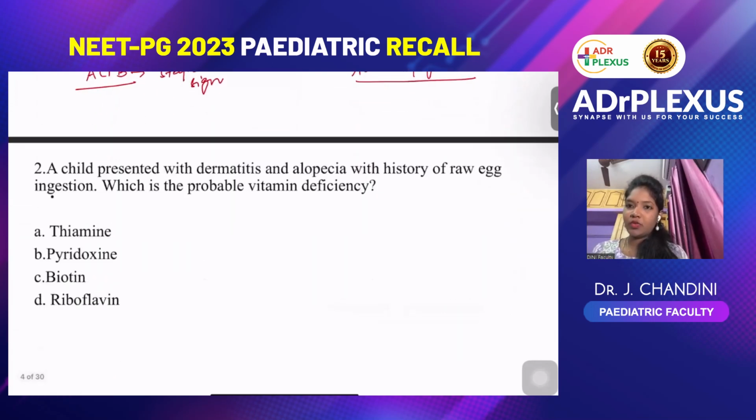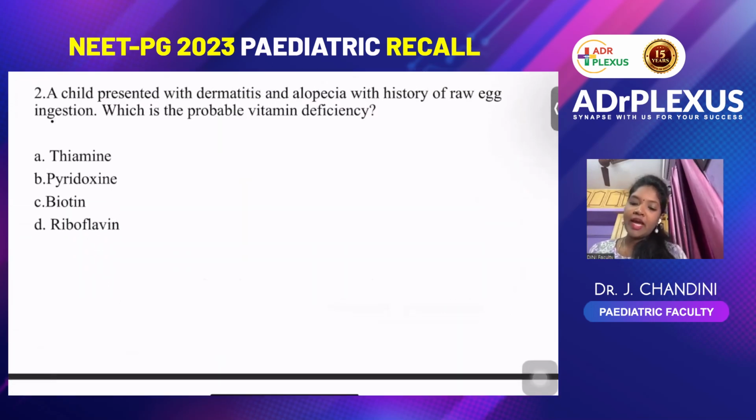Now, coming to the next question. A child presented with dermatitis, alopecia, with history of raw egg ingestion. What is the probable vitamin deficiency? The scenario is that the child is having dermatitis and alopecia, and the clue given here is raw egg ingestion. So what does raw egg ingestion have to do with dermatitis and alopecia?